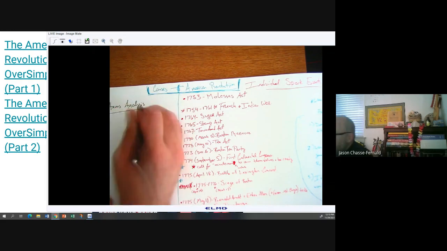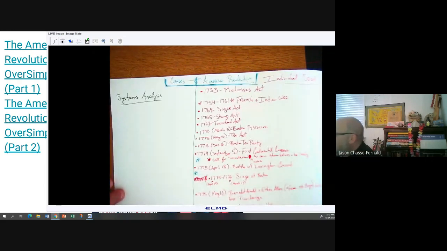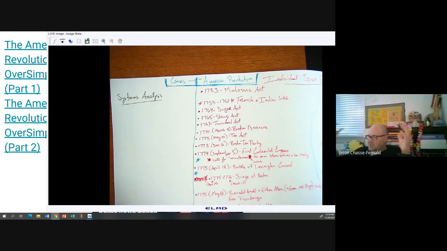So what is a systems analysis? The basic idea behind this is that the wheels are in motion. When you start talking about a topic like the American Revolution, the wheels are in motion. There's a certain amount of gravity, and the vehicle is rolling down the hill towards a clash between the colonies and the British.